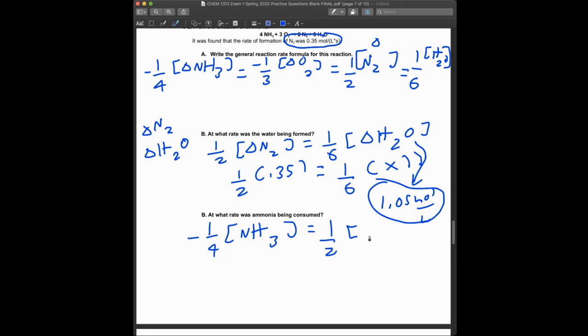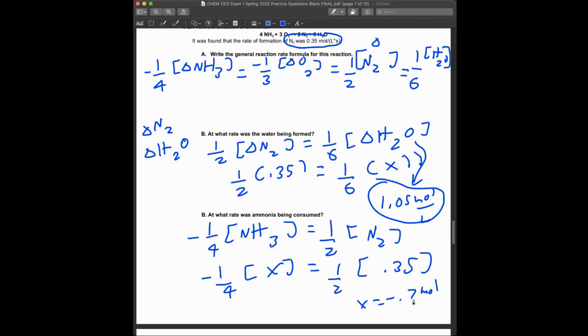So what do we have in this problem? Well, we have N2 because it's given in the problem. And so once we solve that for x, we plug in what we know. And what number do we get? Well, we get x is equal to negative 0.7. And that means that it's decreasing at a rate of negative 0.7 mole.